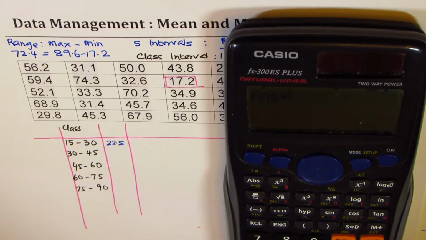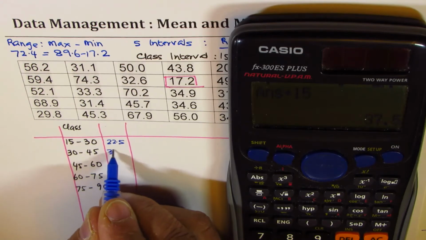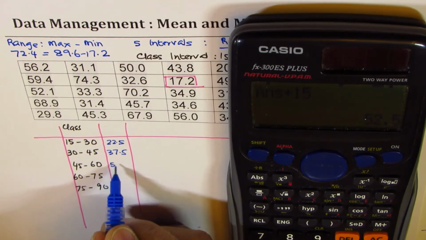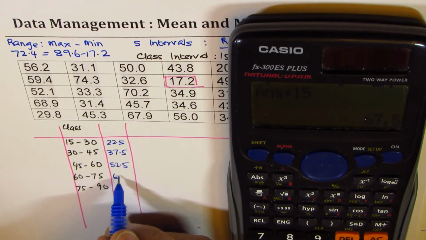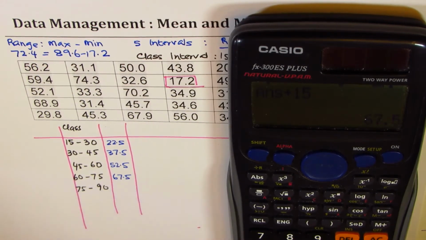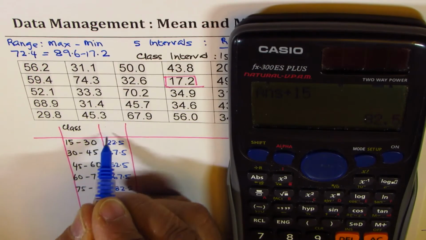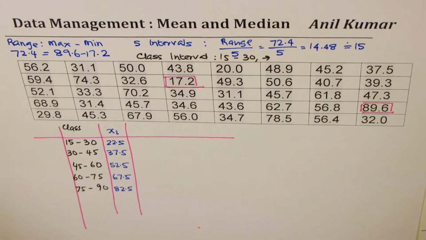So we can add 15 to these values and keep on writing. So we have 37.5, so plus 15 equals, in decimals, 52.5. So plus 15 in decimals, 67.5, plus 15 in decimals, 82.5, correct? So these are the xi, the mid values, I should say, correct?